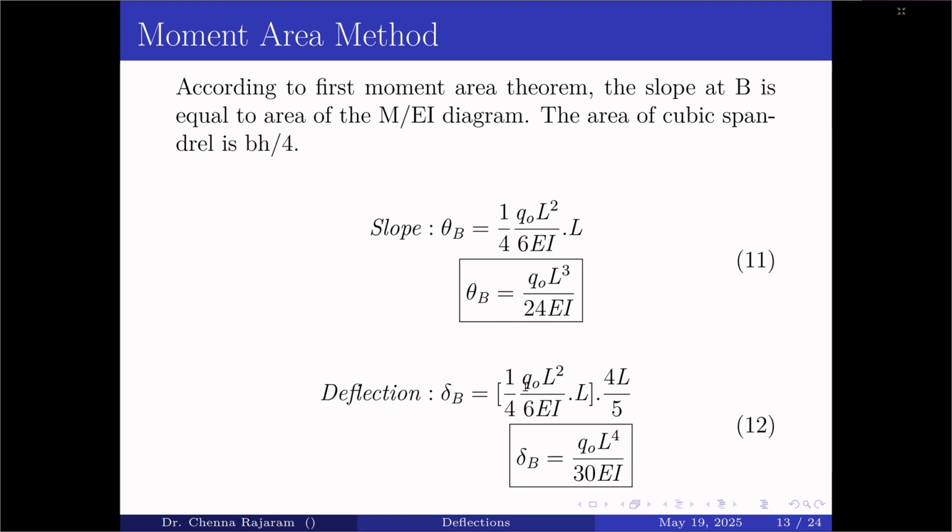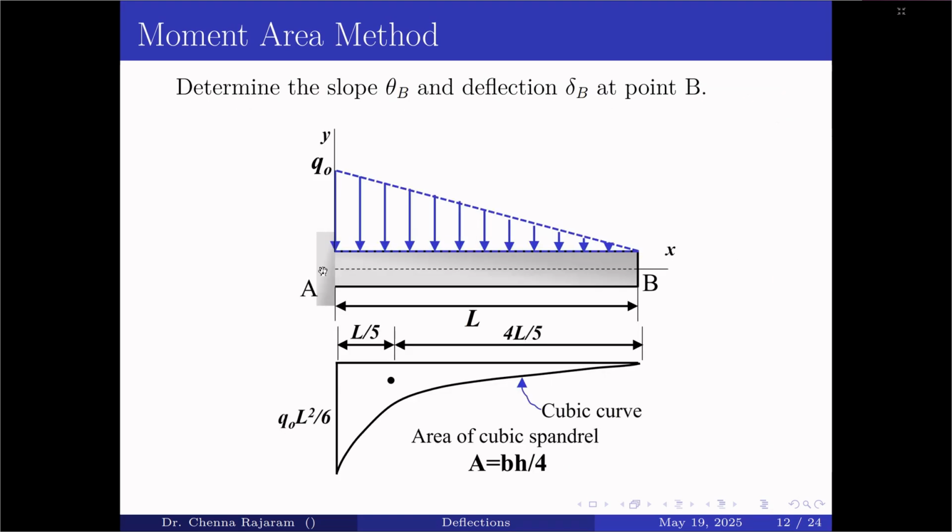Now, deflection is 1 by 4 into Q naught L square divided by 6 EI into L. So for deflection, where you are calculating the deflection is very important. This is the area multiplied with the centroidal distance. At point A, the deflection value is equal to 0, whereas at point B, the deflection exists.